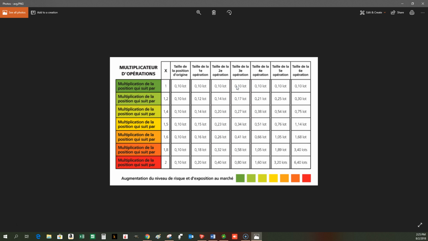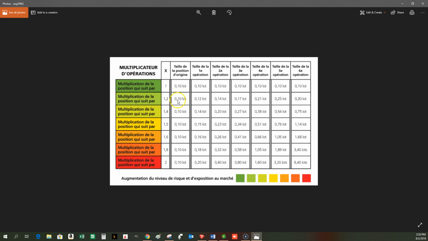All right, more lots. So if I want to get my money faster, then I will multiply my coefficient by 1.2, and then I will get my money back much faster.